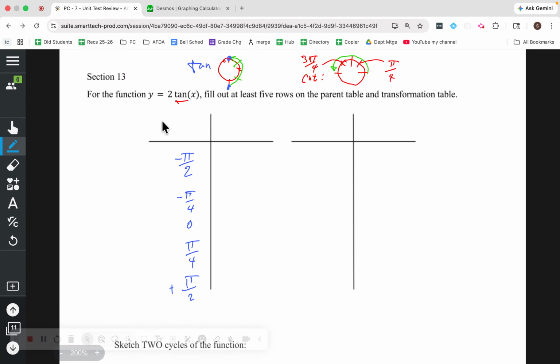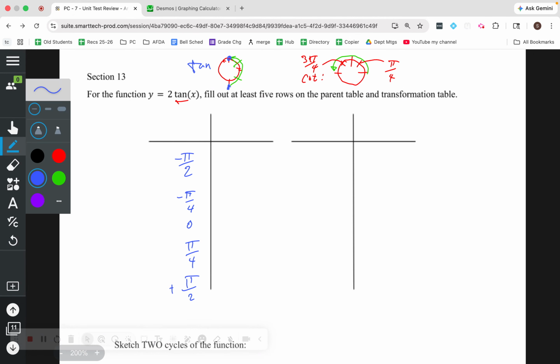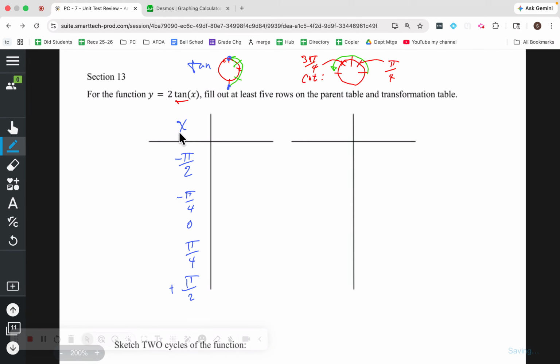So back to our parent table. We got our x's here, y equals just tan x in this case. And the x's will just stay the same. And the only difference is we'll have 2y. So all these values will double. So at negative pi over 2, it's undefined.